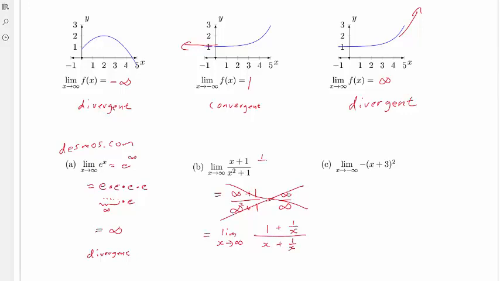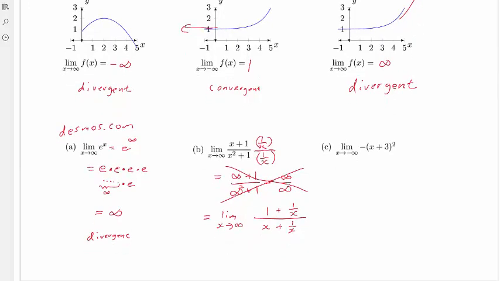That's all we're doing. We're just multiplying top and bottom by x. That's it. Nothing more.